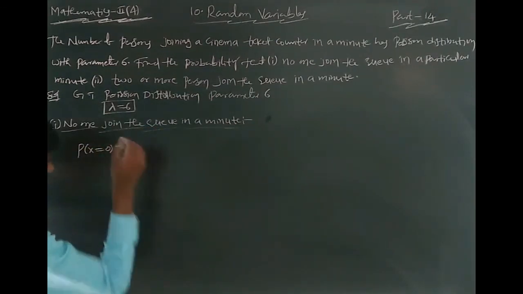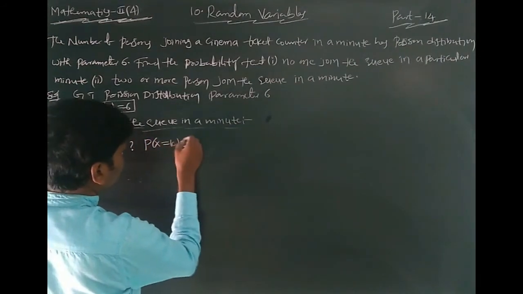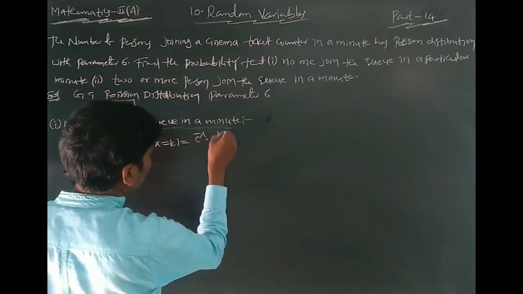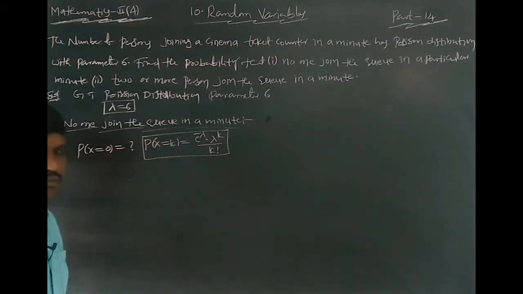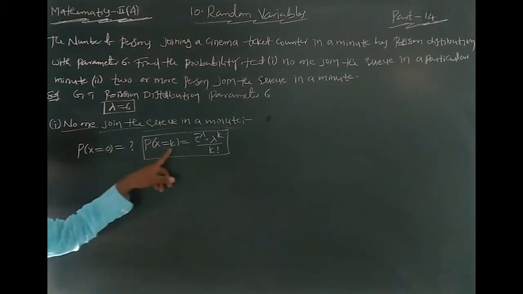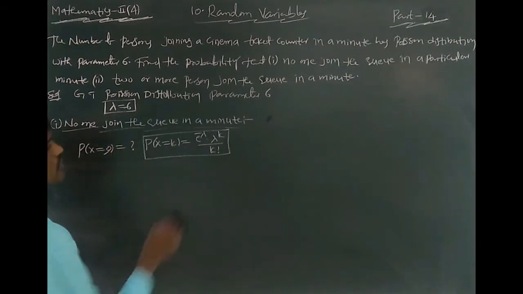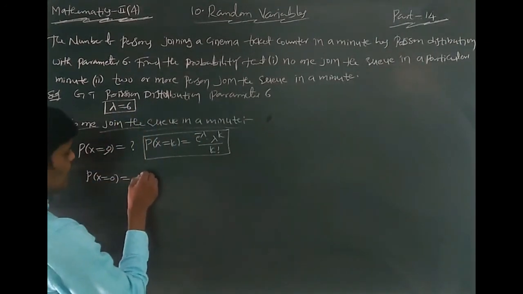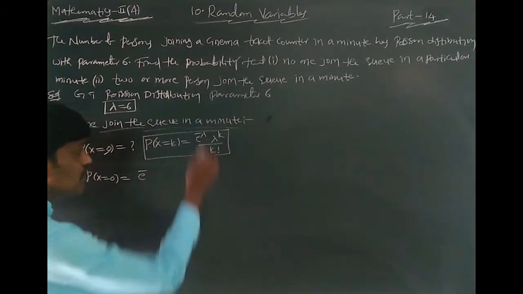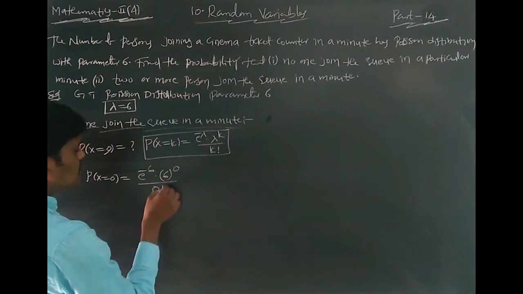What is the formula of the Poisson distribution? P of x equal to k is equal to e power minus lambda into lambda power k by k factorial. After that, in this, k value is 0 and lambda value is 6. P of x equal to 0 equals e power minus 6 into 6 power 0 by 0 factorial.